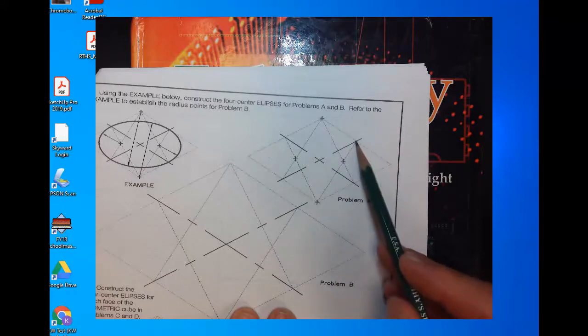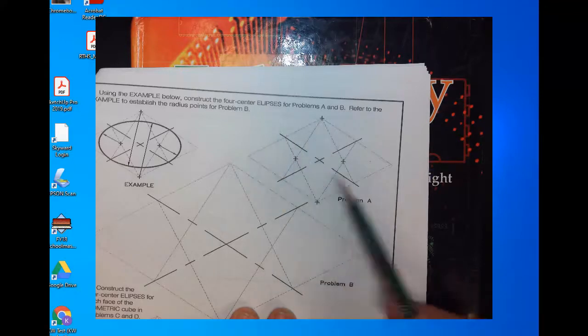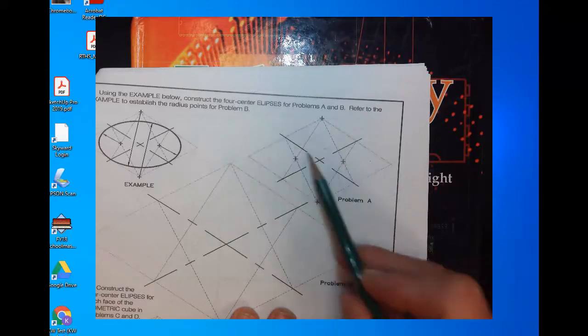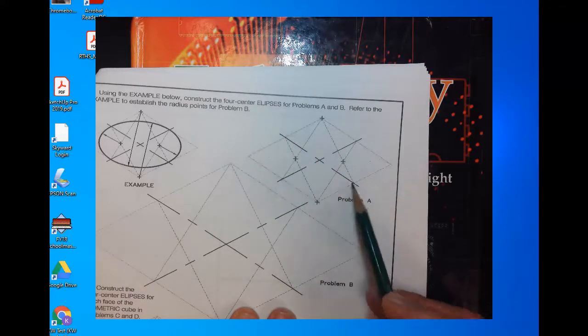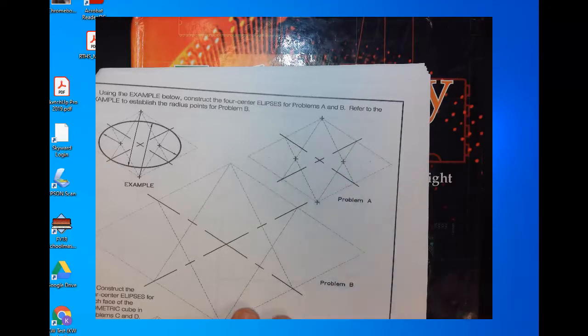Midpoint, this is the middle point to that vertice, and middle point to this. So that's what all of these construction lines are. Then this is the center line. The center line goes from midpoint to midpoint and midpoint to midpoint. So that's our mark.